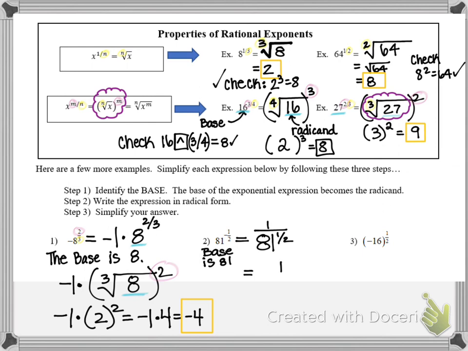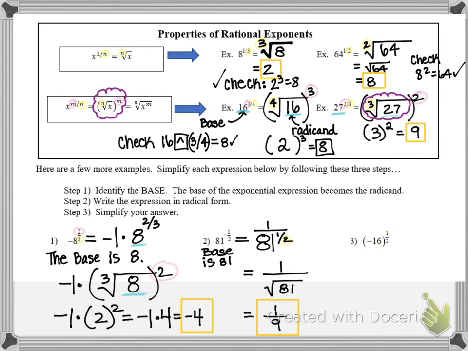Now, in the denominator, I have 81 to the 1/2 power. Well, the denominator of my exponent is 2, which tells me I have the square root of 81. And since it's 1/2 power, meaning it's 1 over 2, I don't have to worry about an exponent because it's just raised to the first power. So I have 1 over the square root of 81, which is 1/9.